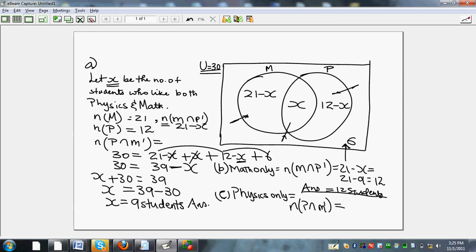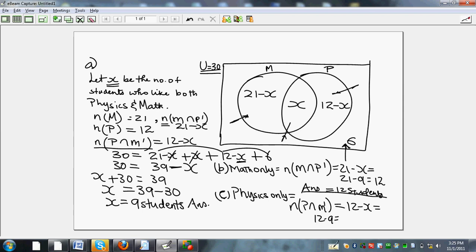And we know that was 12 minus x. So physics and not maths was 12 minus x, which is equal to 12 minus 9.